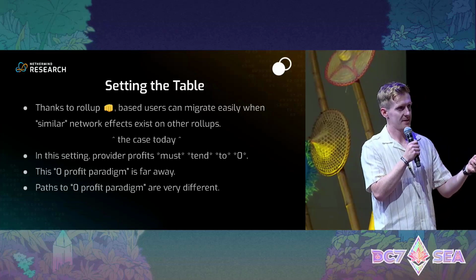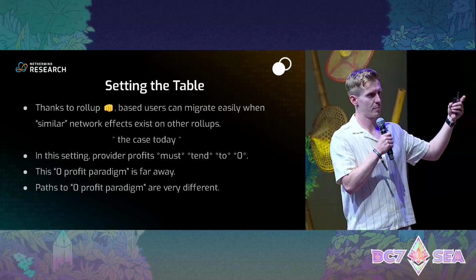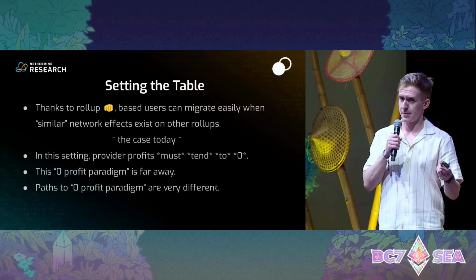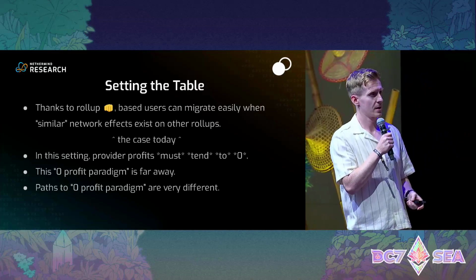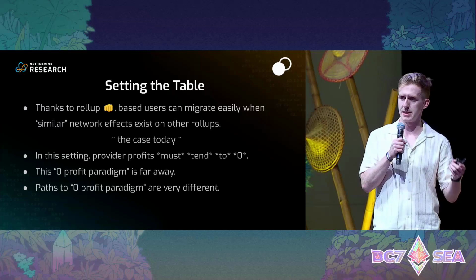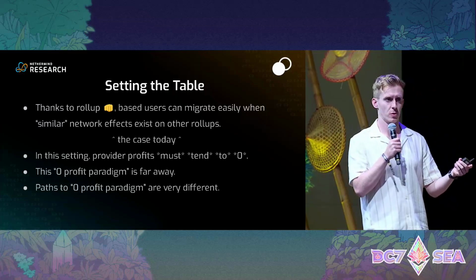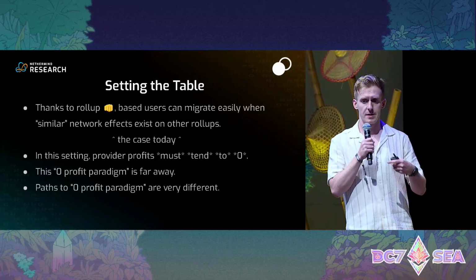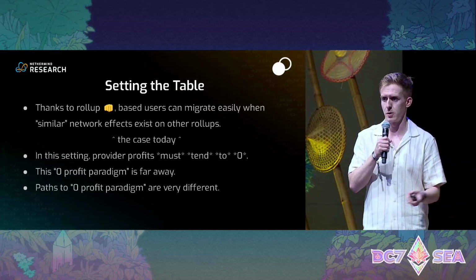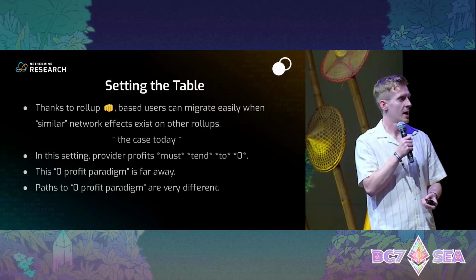So in this setting, the provider profits, so the providers I mentioned were the provers, the sequencers, and the DAO. The hypothesis that I'm claiming is that the profits of all these people must tend to zero, because it's easy for another base rollup to come along, replicate all of the functionality that exists in that base rollup, and basically just remove some of the overheads that the previous base rollup was trying to generate profit from.